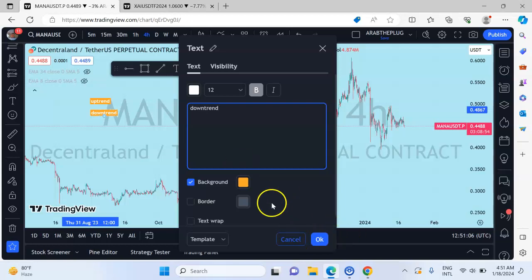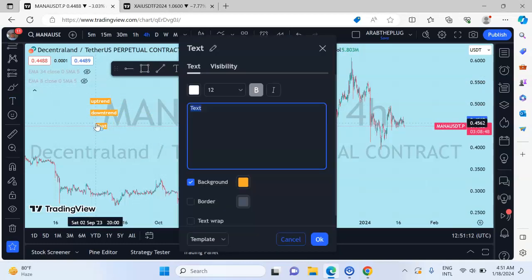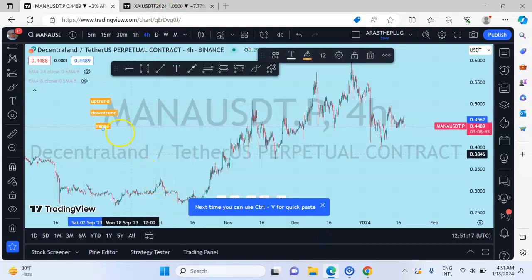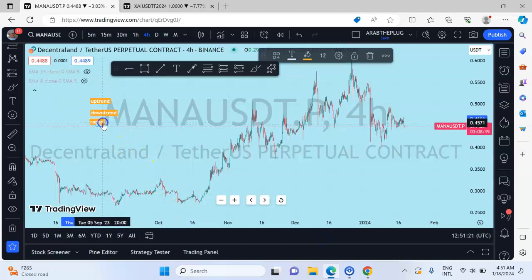We have a downtrend market structure. And we have the sideways trend, or what we call the range. These are the three market structures that we have in the crypto or the forex market.